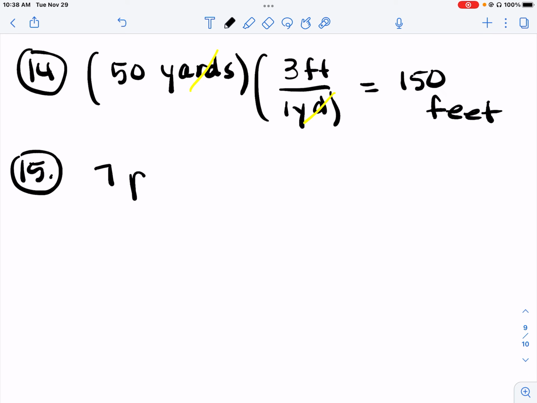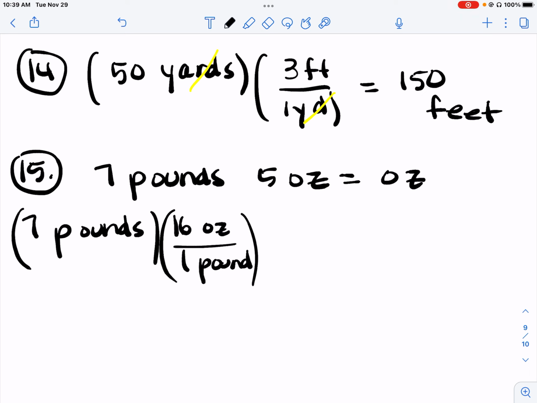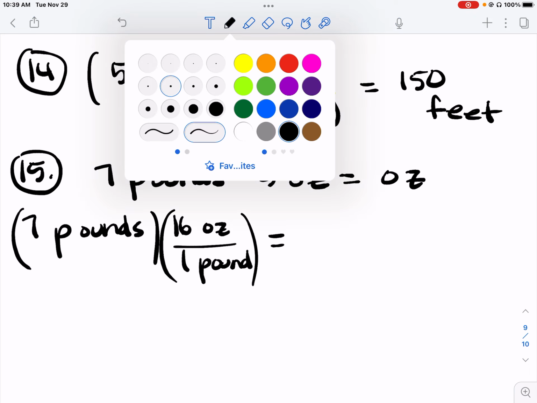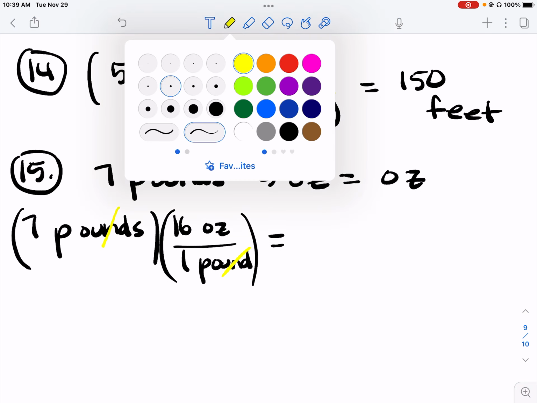Okay, change 7 pounds, 5 ounces to ounces. 1 pound is 16 ounces. You put pound on the bottom so that cancels.